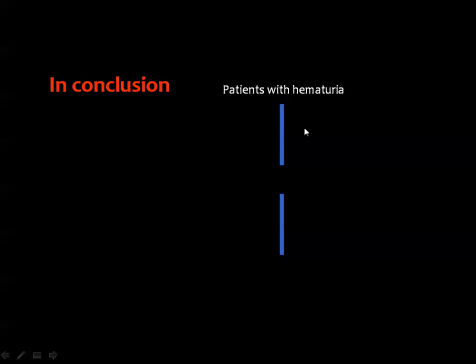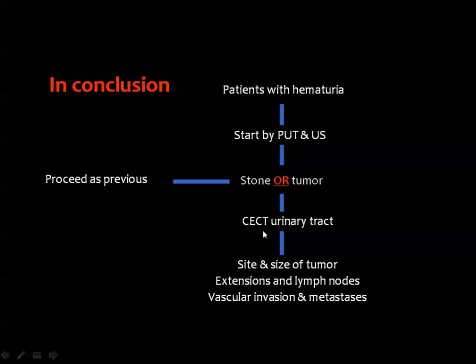Then in cases with hematuria, the diagnosis is either urinary tract calculi or tumors. Then we usually also start by the plain X-ray and ultrasound. If we detect the stone, or if we cannot detect the stone, we can proceed to the CT-UT. But if we see a tumor mass, then we should have the contrast enhanced CT scan in order to differentiate between cystic and solid.